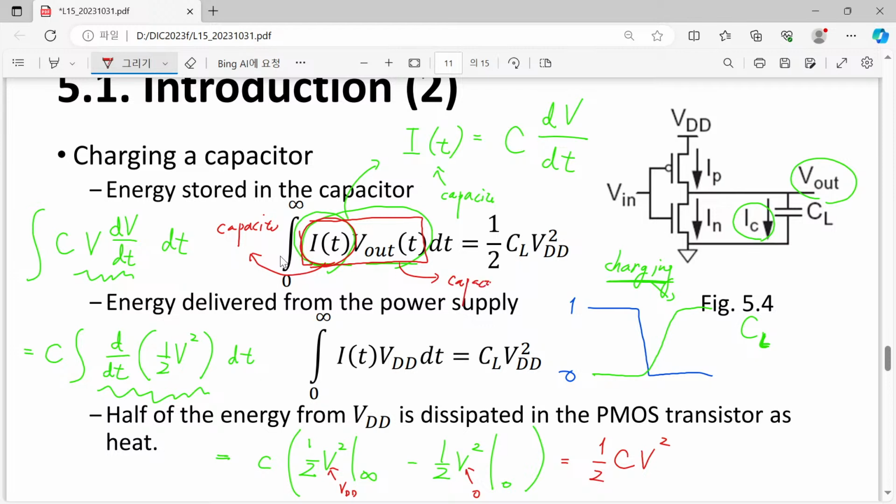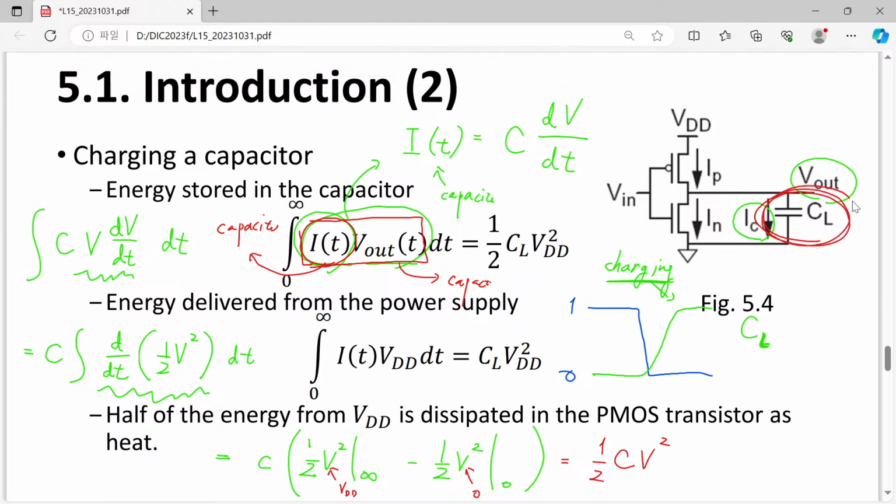So the calculated energy in this case is not for the entire system but only for this capacitor. Yes, after charging this capacitor, we will store this amount of energy in this capacitor.